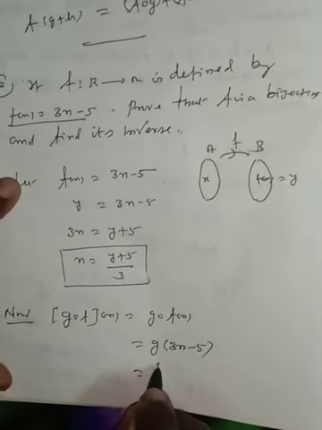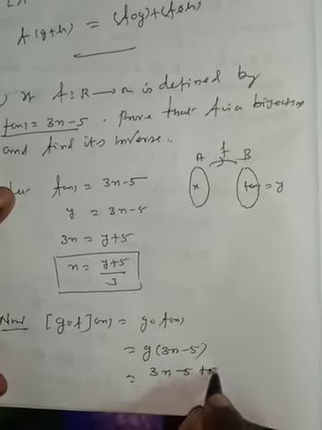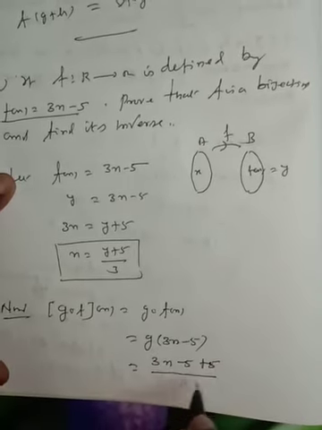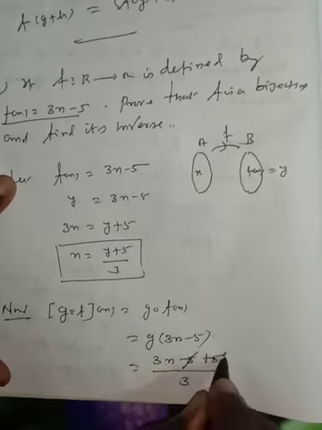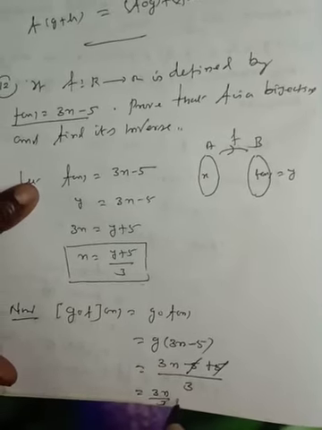So (3x minus 5 plus 5) divided by 3. The 5 cancels, and 3x by 3 is equal to x.